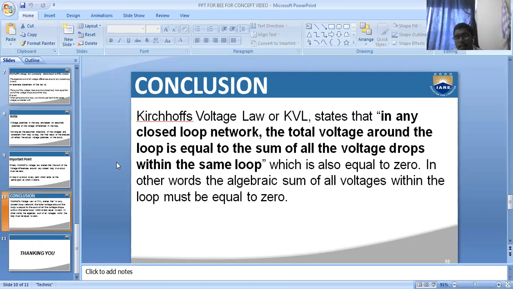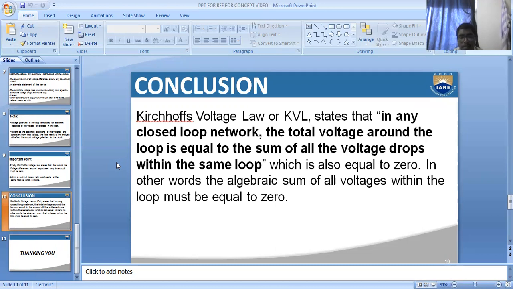If we apply KVL in any closed loop network, the total voltage around the loop is equal to the sum of all the voltage drops within the same loop, which is also equal to 0.